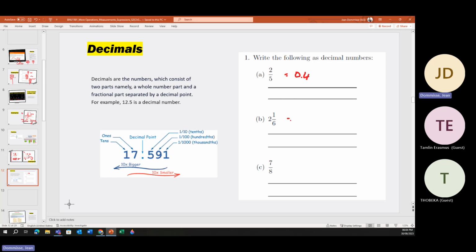Here, what can one do is to isolate the 2 first. So it will be 2 point something. So we need to look at what is 1 divided by 6. So 1 divided by 6 is, and if I don't show it in any of your textbooks, it will be 2.16, and that dot above the 6 means that it is continuously 6, 6, 6, 6, 6, 6.